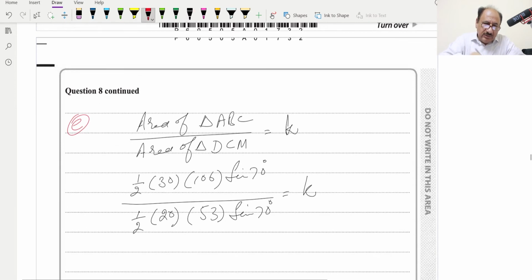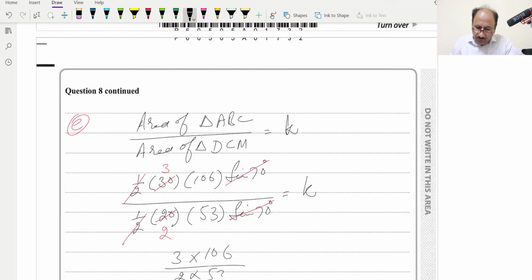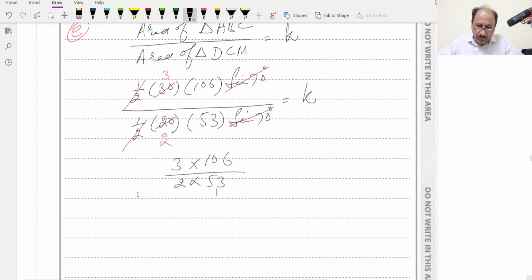Now after cancellation, this portion will be cancelled, this will be cancelled, and we can cancel this also. The remaining will be, 10 threes are 30 and 10 twos are 20, and we can write 3 into 106 over 2 into 53, and this will be equal to K. And with further cancellation, 53 twos are 106, so 2 we can cancel with this, and so the K value will be equal to 3.